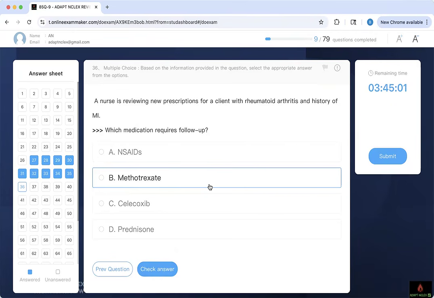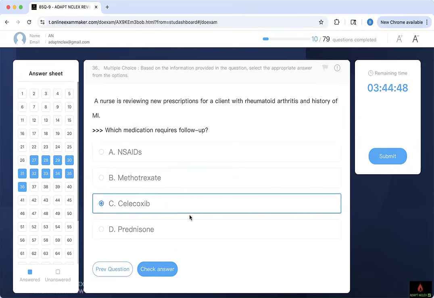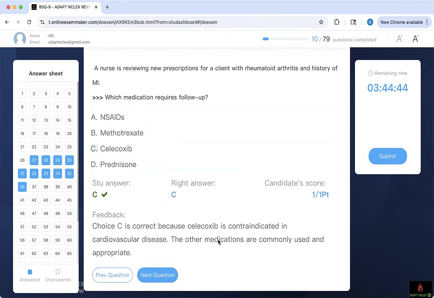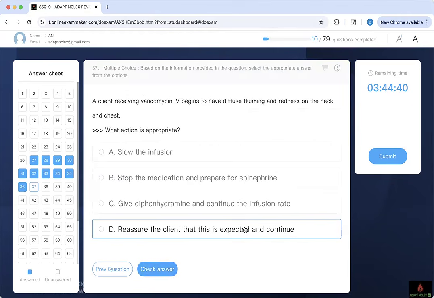Should I take them if I have others? There's something telling you you should not pick one answer choice. There's something telling you there's one that is bad. There's one they should not take. And that is what? Celebrex. It causes heart problems. It has a black box warning on it. That is all contraindicated in cardiovascular disease. You see the questions?